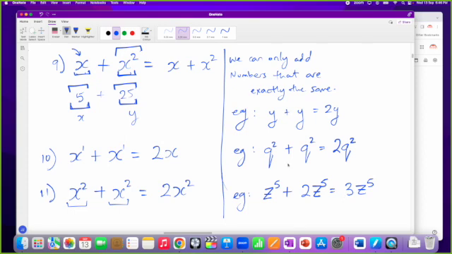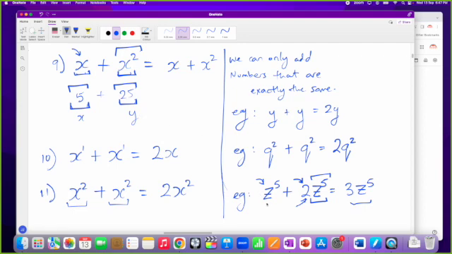Even though this has a 2, it does contain the same number as the z to the 5th there. It's just telling me that it has 2 of them, twice the same number. So when you add 1 times the same number to twice the same number, you get 3 times the same number.